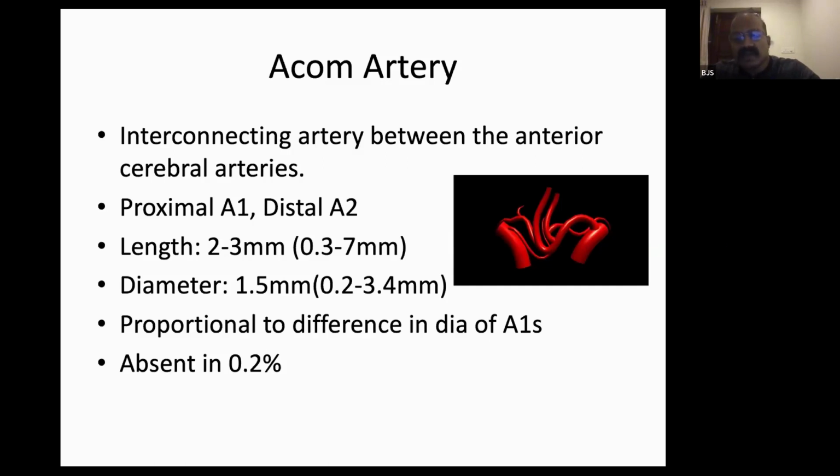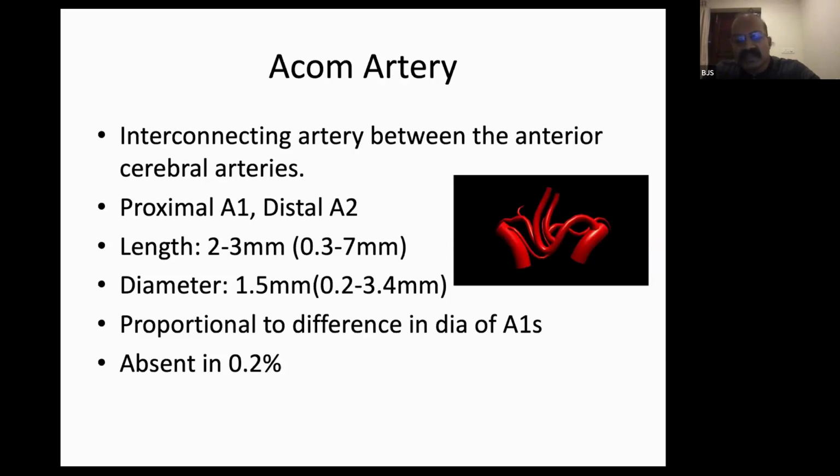The basic purpose of how and why it will be of a certain caliber depends on whether it will take the circulation from one side across to the other. If the supply to one A2 is quite good from one of the A1s, and similarly the other A1 is supplying the other side A2, then the ACOM may not have a significant function.